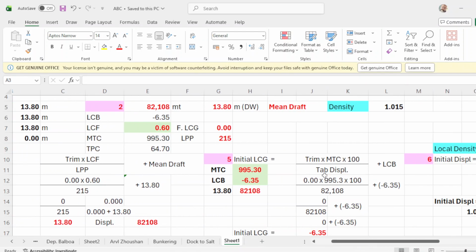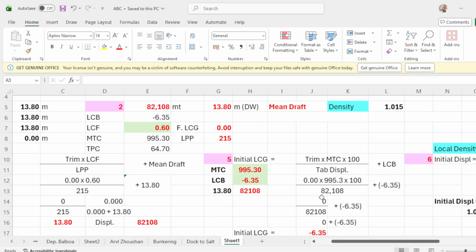Trim times MTC times 100 over tabulated displacement plus LCB. Your trim is 0 because even keel. Your MTC is 99530 times 100 over your displacement of 82108, plus your LCB of negative 6.35.